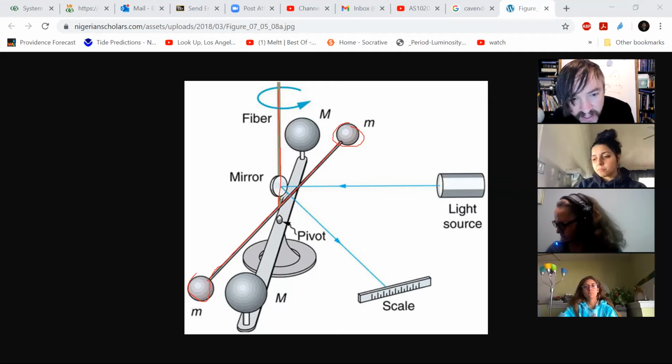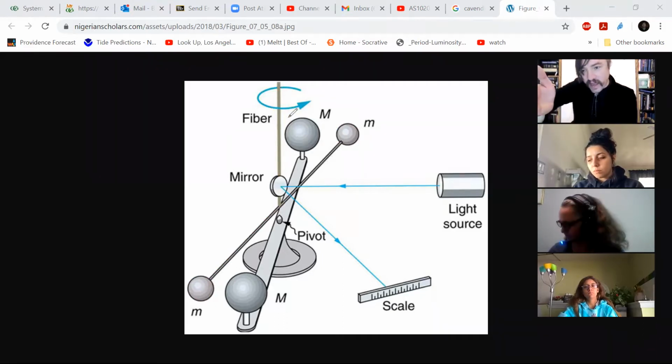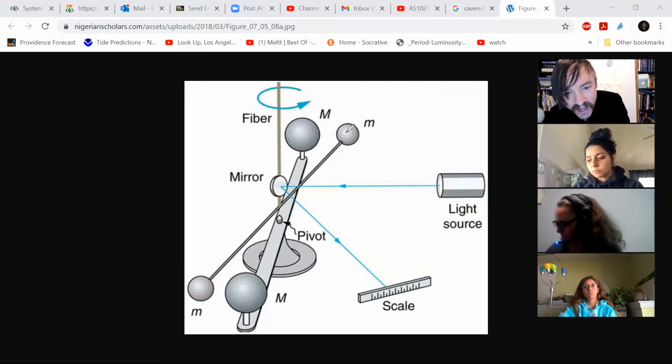That is a very thin wire of metal which could freely swing back and forth. Because the mini balls were suspended from this thin wire, the wire could actually rotate and deflect, and gravity was strong enough to pull these things by a microscopic amount.